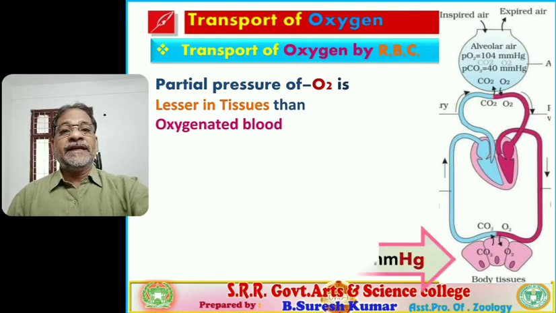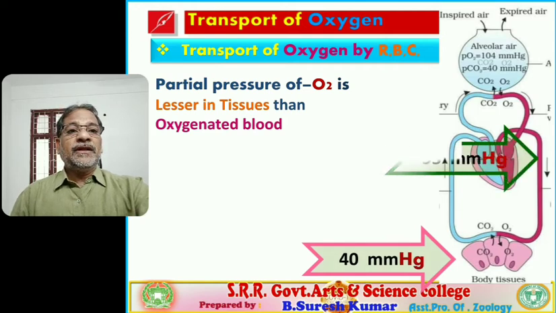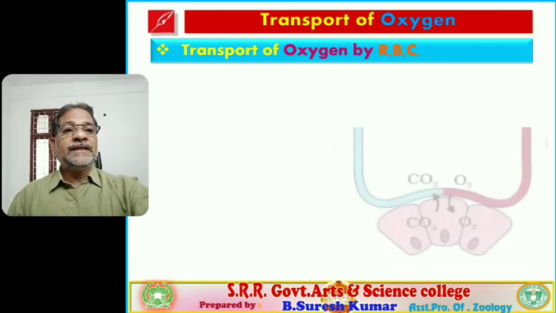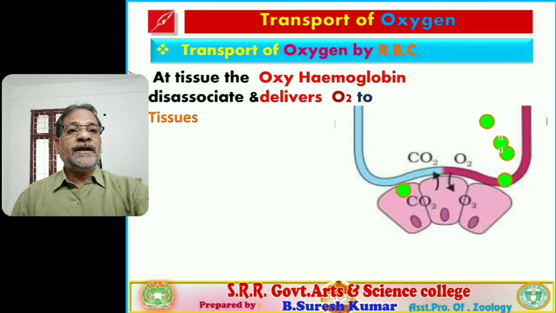In the oxygenated blood, it is 95 mmHg. So the partial pressure of oxygen is greater in oxygenated blood than tissue, so automatically the oxygen molecules from the oxygenated blood diffuse into tissue.